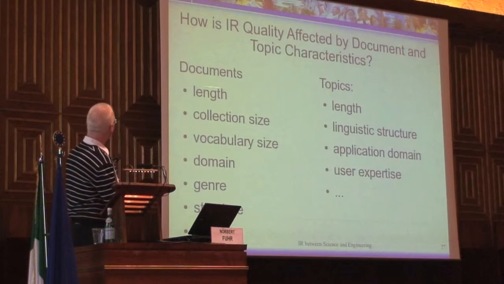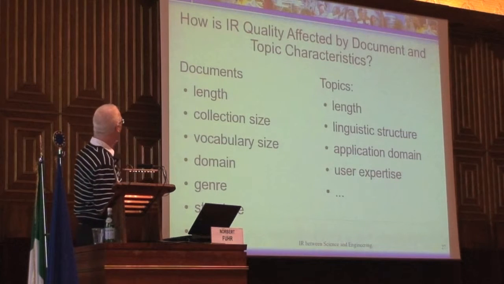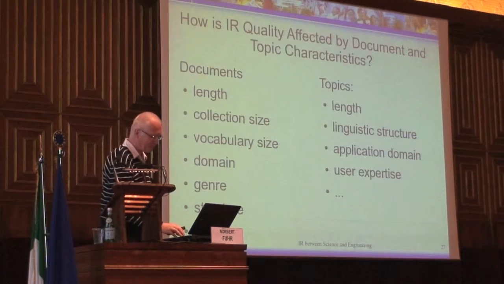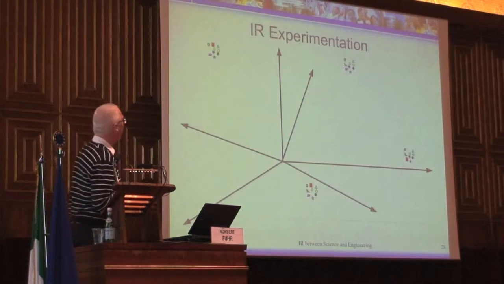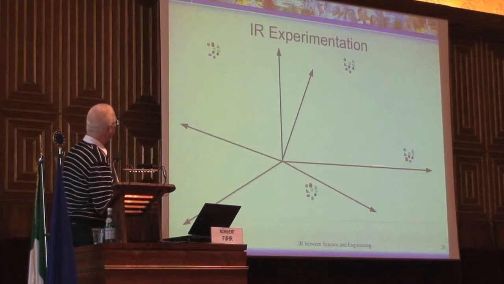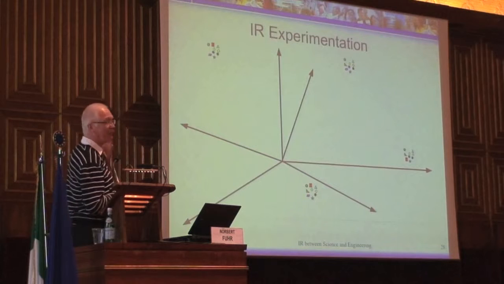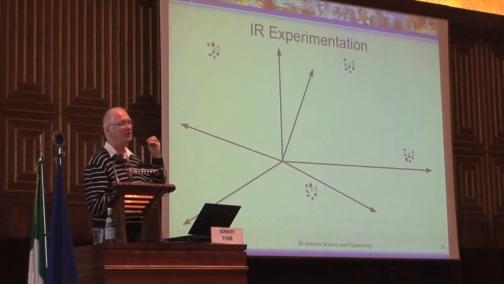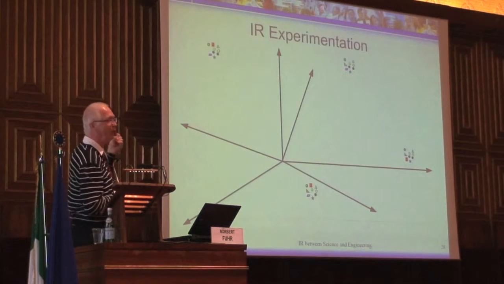Now, assuming that these are different dimensions describing our documents, topics, and relevance interpretations, then what we have done so far is that for some points in this huge n-dimensional space, we have some observations.